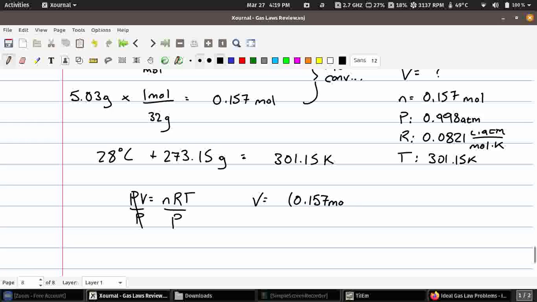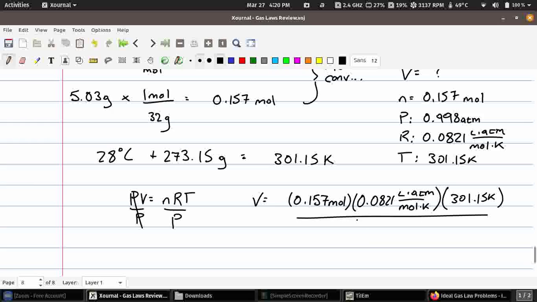0.157 mole times 0.0821 liters times atmospheres over mole times kelvin times 301.15 kelvins divided by 0.998 atm.